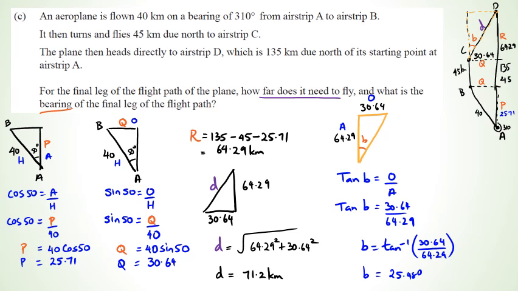Now remember, bearings have 3 numbers, so in this case you just mention that the plane is traveling 71.2 kilometers on a bearing of 025 or 026, because you can't really have decimal points. I mean, you could, but we just keep it as whole numbers in this case.